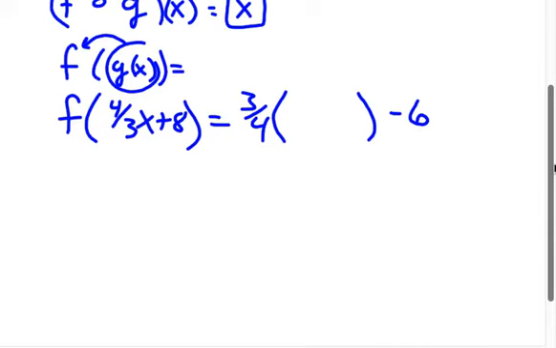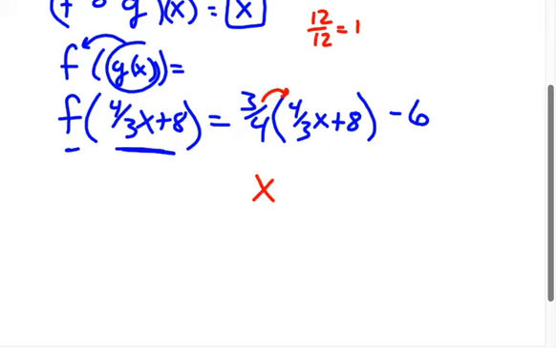So what am I plugging in for x in the f function here? The g function, 4/3 x plus 8. Okay, so using the distributive property and simplifying this, 3/4 times 4/3, well that's 12 over 12, or 1.